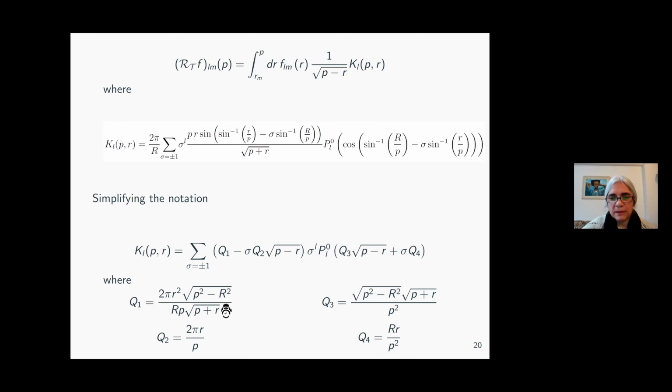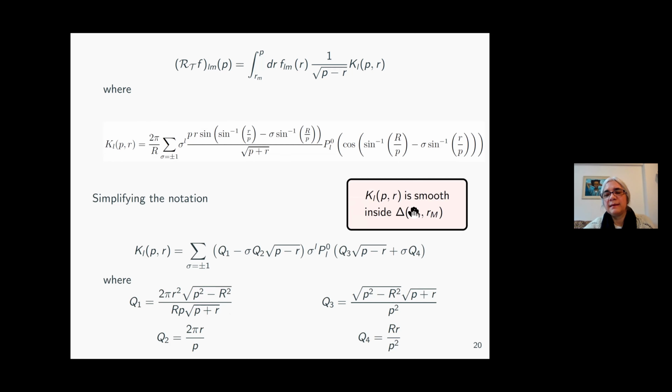Vemos que estas funciones son todas suaves en el primer cuadrante del plano PR, ningún inconveniente. Entonces, tenemos suavidad. Todas las funciones que intervienen aquí son suaves en el interior del triángulo que nos interesa.